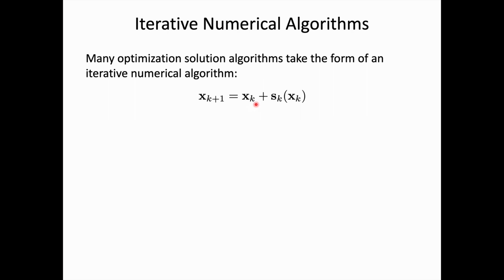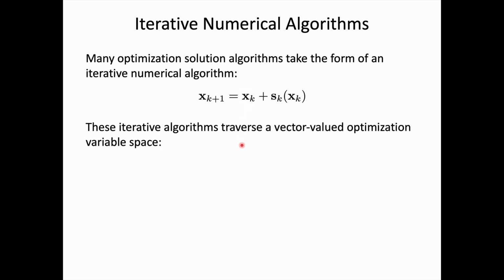And k represents the index or the iteration number of this iterative numerical algorithm. k might start at 0 or 1, and every time we go through and calculate this formula, we are updating the value of x for the next iteration. And then for the next iteration, this value of x becomes the new value here of xk.